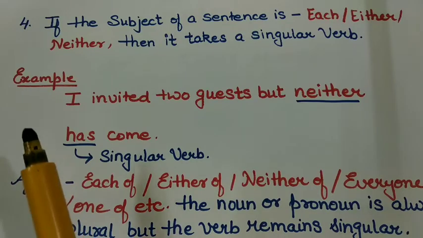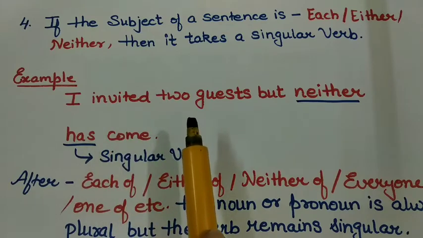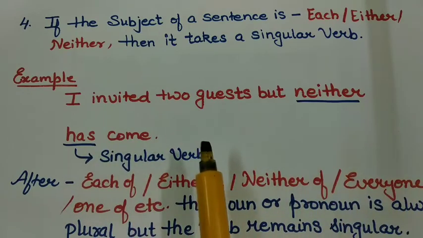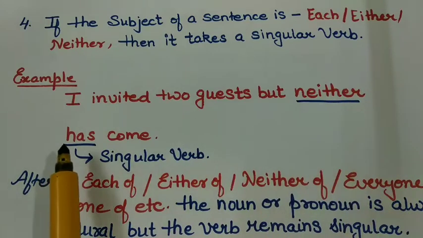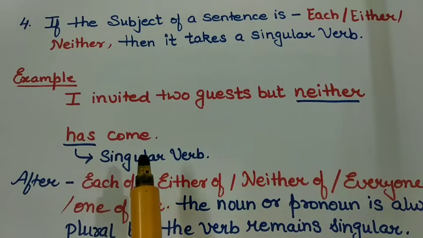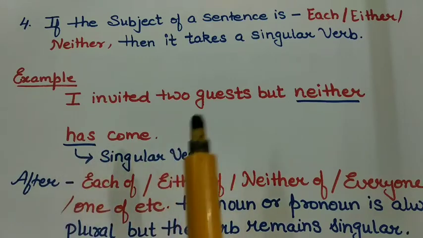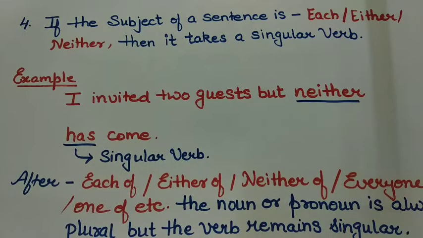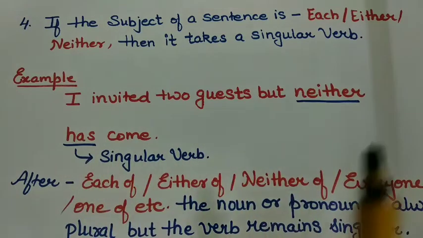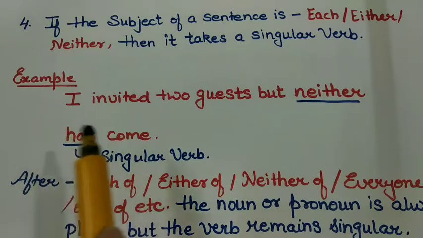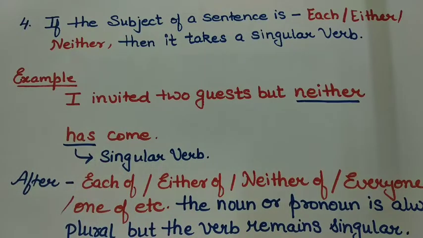Like, I invited two guests, but neither has come. Here we have used neither, so I am using has. Has is a singular verb. I invited two guests, so here I am talking about two people, but neither has come. So neither uses a singular verb, that is has.